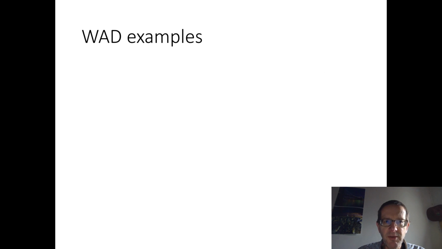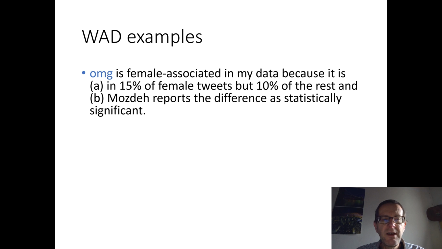So some examples of word association detection. OMG in one particular set of texts is female associated because it's in 15% of female tweets and 10% of the rest, so in a higher proportion of female tweets, and Mozdeh reports the difference as statistically significant. And it does this by just reporting 1, 2, or 3 stars for statistical significance.